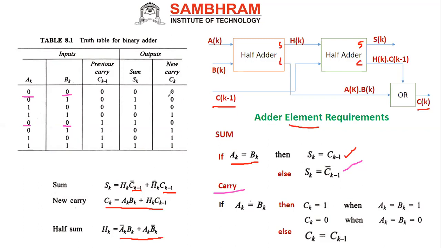When both are 0, you see what is carry? So I can say if CK is equal to 0, correct? CK is equal to 0, when that is if AK is equal to BK, then CK is equal to 0. When AK is equal to BK is equal to 0 means CK is 0.